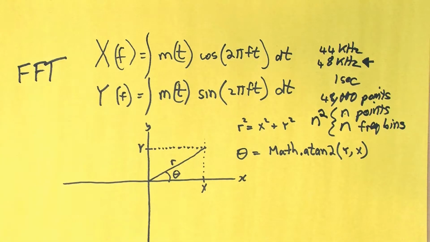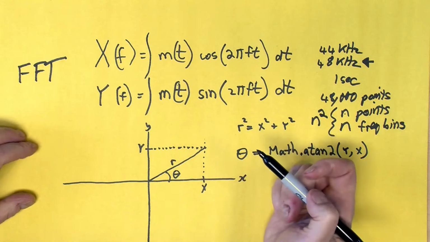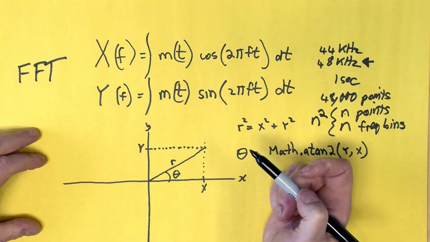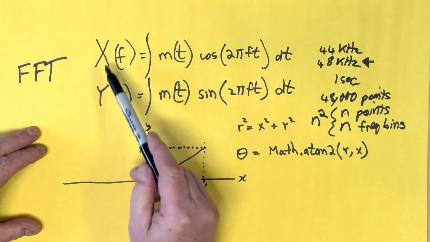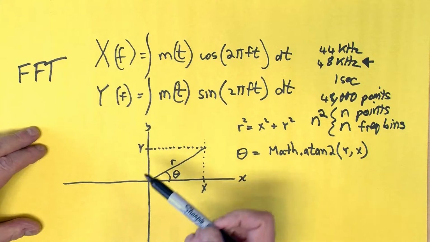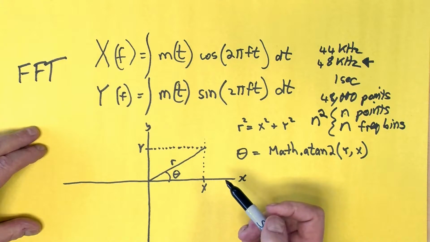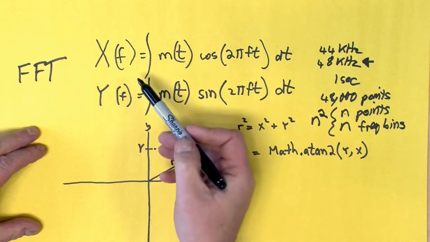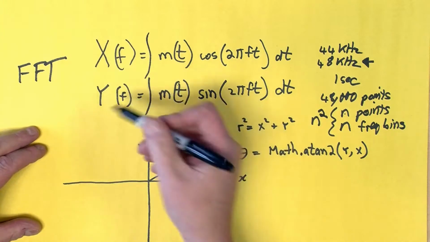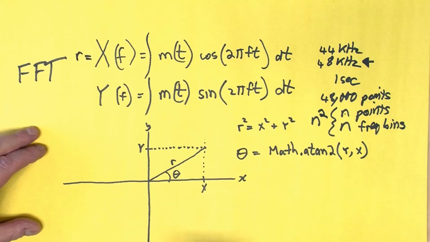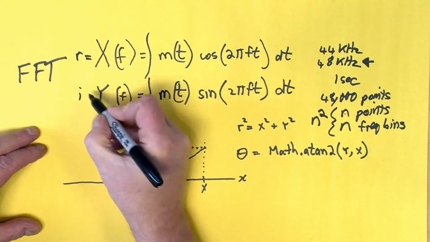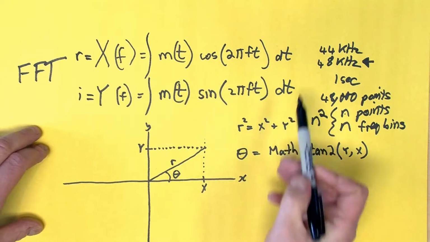Before we do that, just in preparation of moving towards thinking about the FFT, I want to show you two other things. We were dealing with an x value and a y value, and I'd sort of hinted that these correspond to real and imaginary parts of a complex number. So we're really going to start calling this the r value and this the i value, but it doesn't really change anything in here.